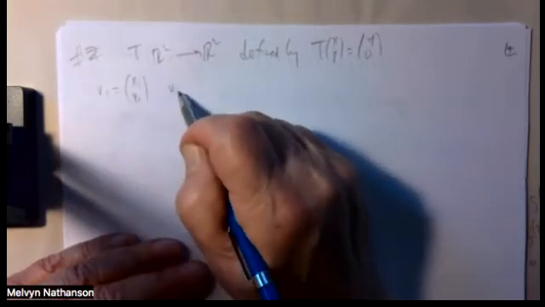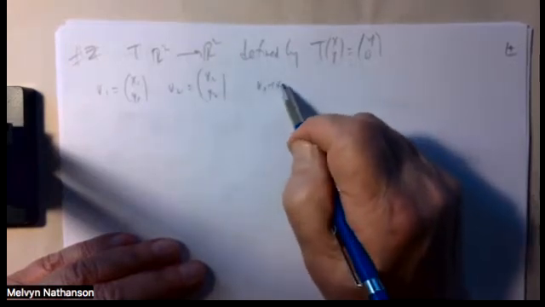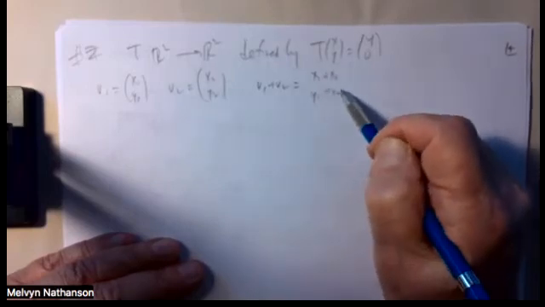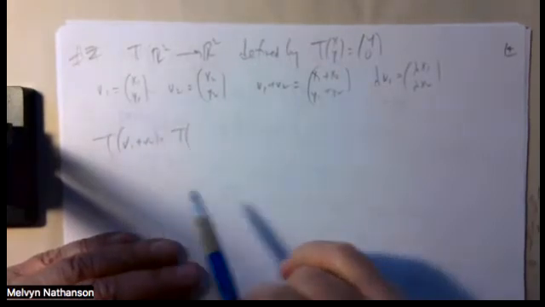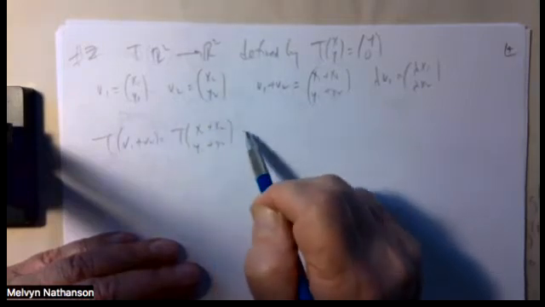So we want to prove this is a linear transformation. So suppose again we have V1 is the vector X1, Y1. V2 is the vector X2, Y2. So V1 plus V2 is the vector X1 plus X2, Y1 plus Y2. And lambda V1 is the vector lambda X1, lambda Y1. So T of the sum of two vectors is T of X1 plus X2, Y1 plus Y2.